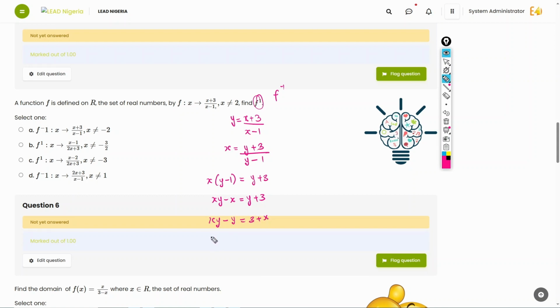Now I can factor out y. Y bracket x minus 1 is equal to 3 plus x, and I can divide both sides by x minus 1. I will get y is equal to 3 plus x over x minus 1. That's option A.